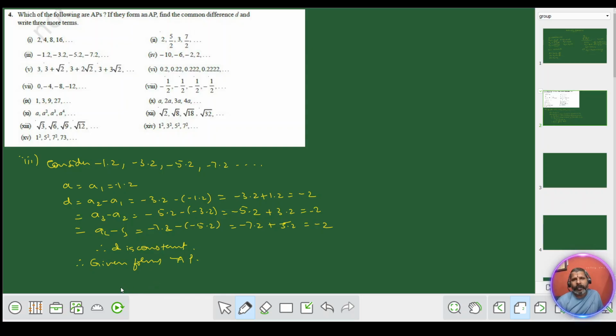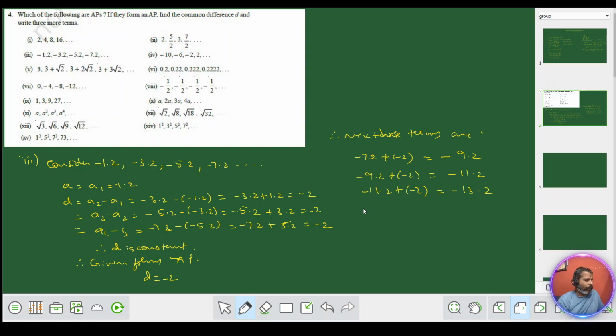Once the given sequence forms the AP, we have to find the next three terms. So how do you do it here? D is what? Minus 1. Therefore, next three terms are: take the last one, minus 7 by 2, add the D, you get minus 9 by 2. Take minus 9 by 2, what we obtained just now, add the D, minus 11 by 2. Take minus 11 by 2, add the D to it, minus 13 by 2.